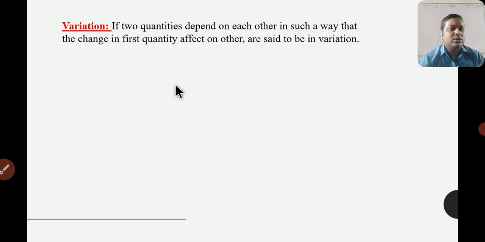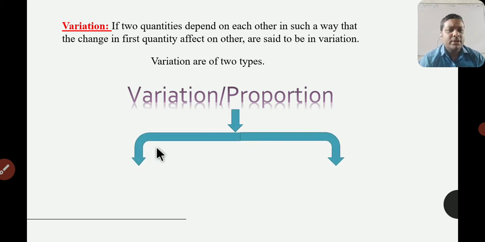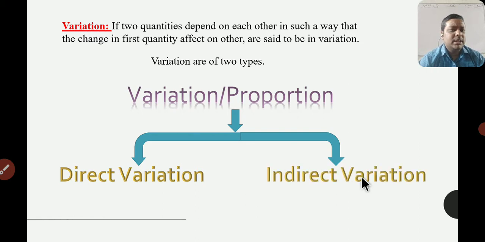Variation has two types: direct variation and indirect variation. We can also say direct variation as direct proportion, and indirect variation as inverse variation or inverse proportion.